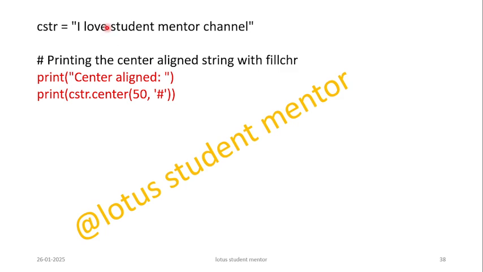In that, "I love student mentor channel", including the spaces between words, is 29 characters. These 29 characters will be printed and the remaining will be filled with the hash symbol, the sharp symbol.